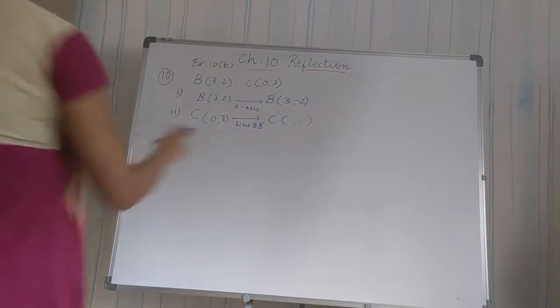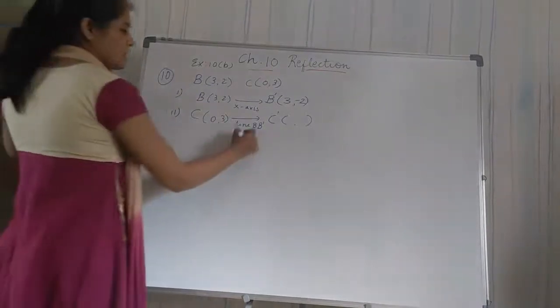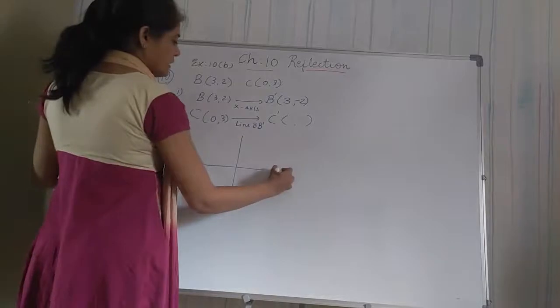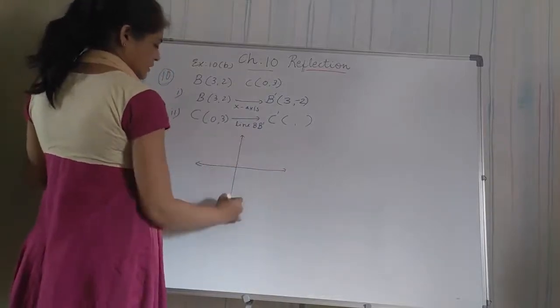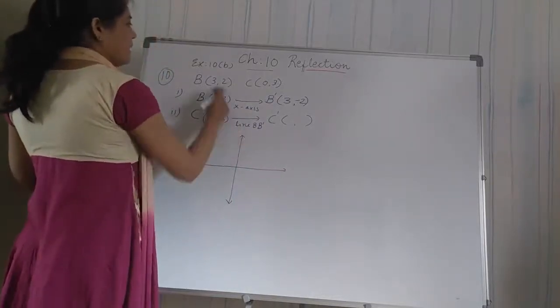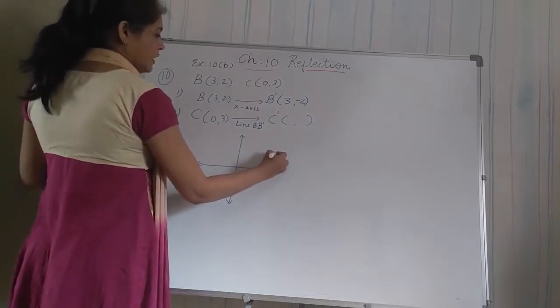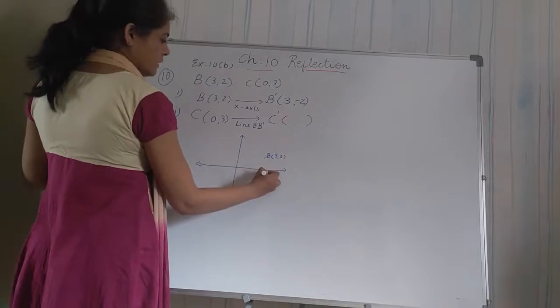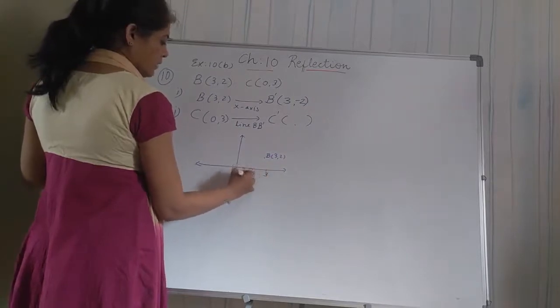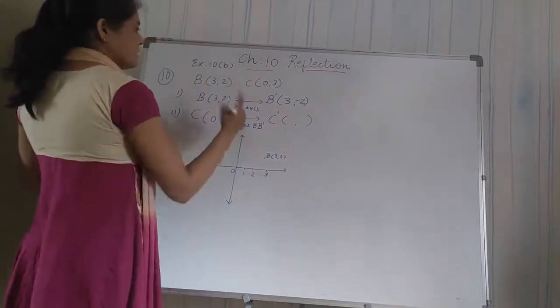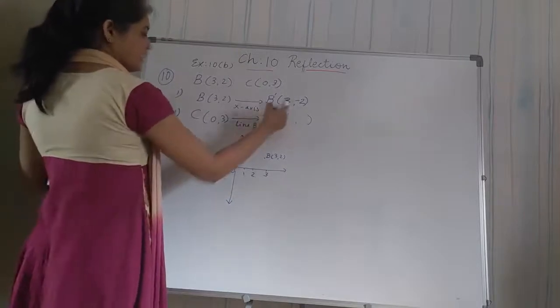Now to solve this second part students, let me draw roughly the graph page, how we can write it. As B is (3, 2), it must be somewhere here. Right, this is our (3, 2), and this B dash point is (3, minus 2).